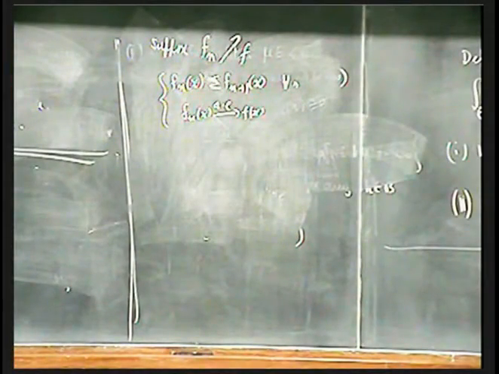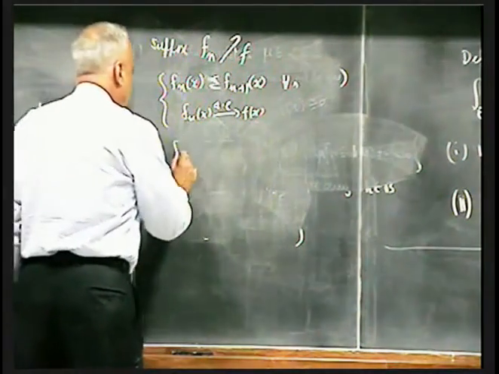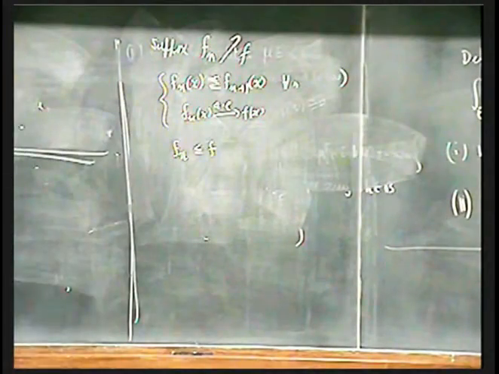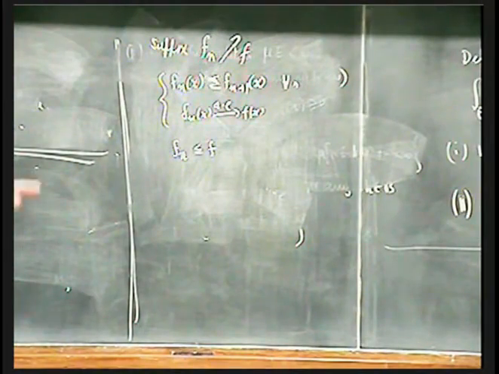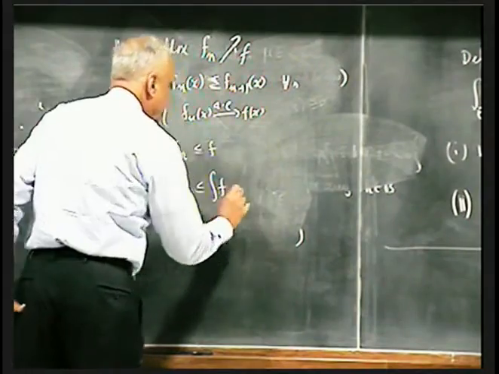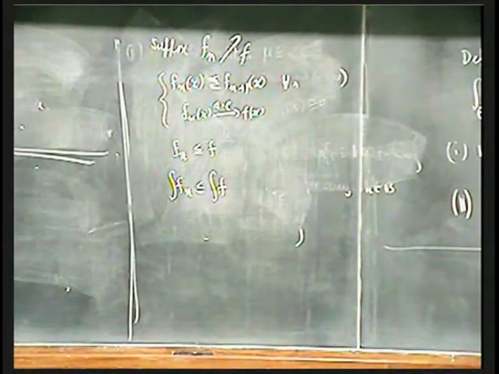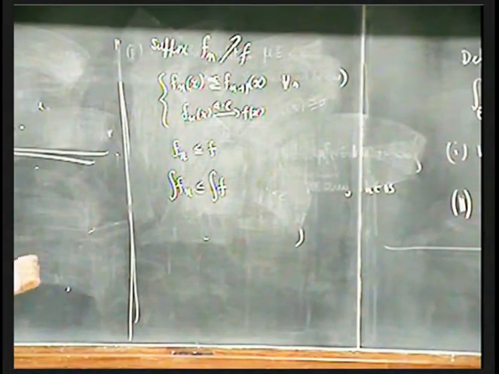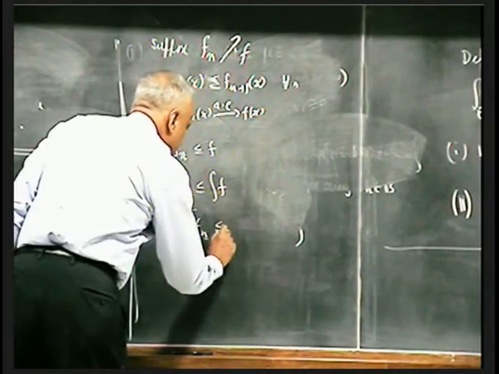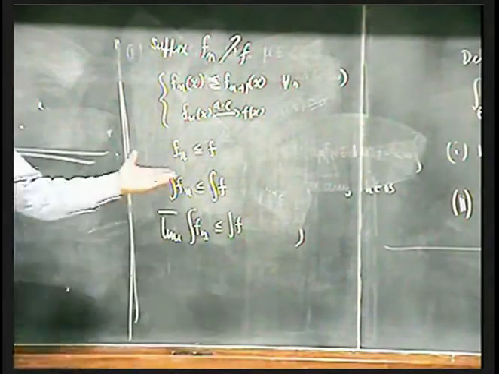So suppose I have that, then we have Fn less than or equal to F, because the Fn's are all going up to F. And therefore monotonicity will say the integrals of Fn are less than or equal to the integral of F, and therefore the lim sup of this will be less than or equal to the integral of F, because for every n this is true.